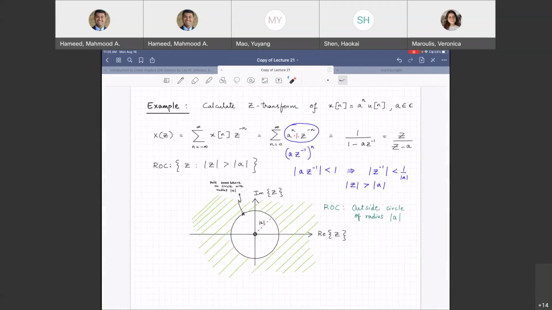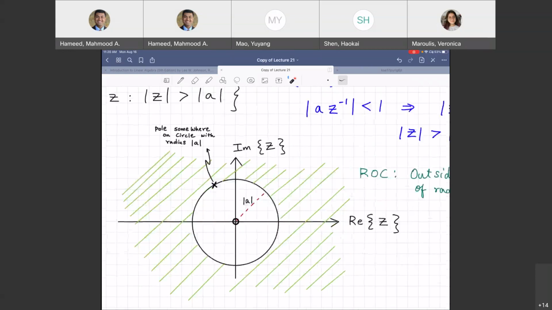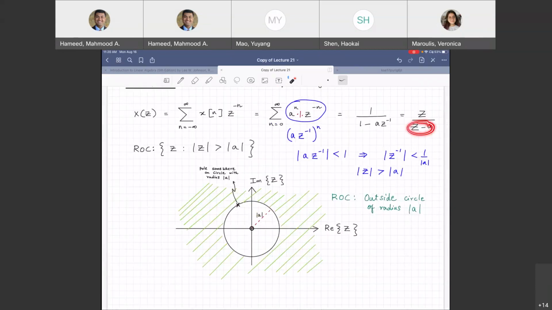Now, do it on a pole-zero plot and try to sketch the ROC. Here, because we are using a, and a is any complex number, it can be anywhere. So I'll just pick this as that particular pole, right? Where is the pole? Pole is at a. There is a 0 at 0, and there is a pole at a, and I'm using this as that a location, complex location.